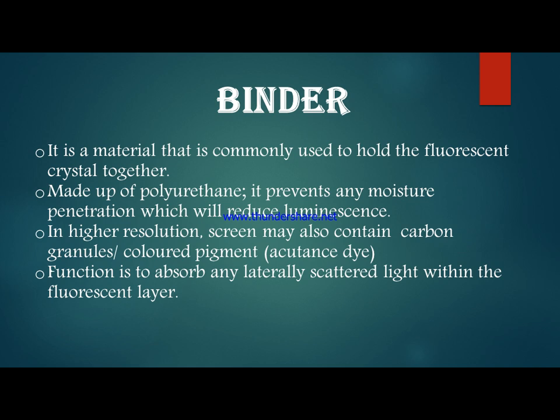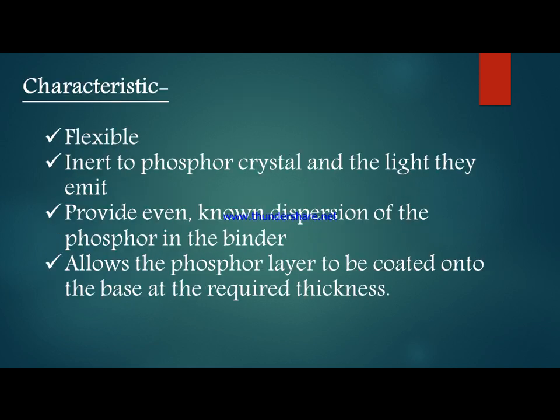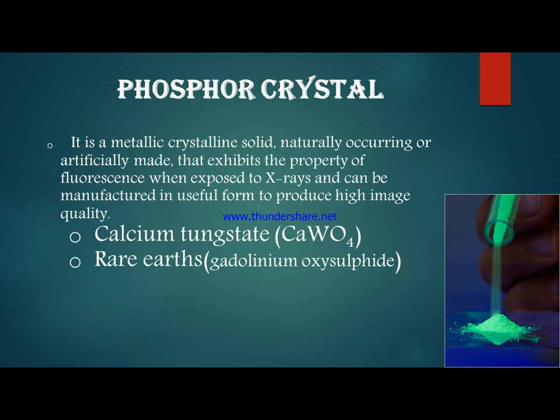In higher resolution screens, it may also contain carbon granules or a colored pigment to absorb any laterally scattered light within the fluorescent layer. Characteristics of binders are that it is flexible, inert to the phosphor crystals and the light they emit, provides even dispersion of the phosphor in the binder, and allows the phosphor layer to be coated onto the base at the required thickness.